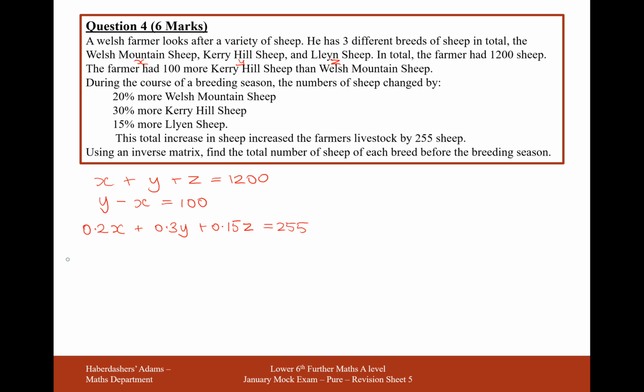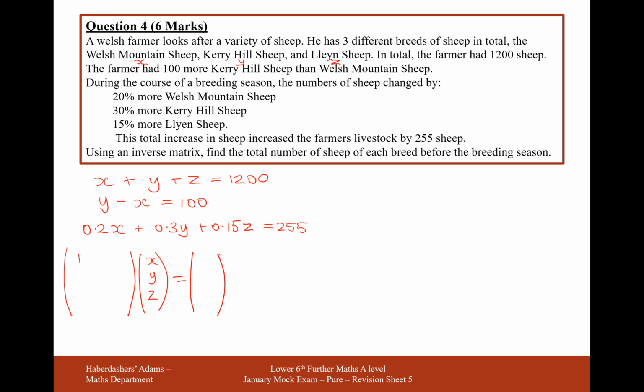Okay, so what we're going to do here is form a matrix equation using the letters X, Y and Z. And effectively, the coefficients on each of these equations are going to be inserted into this matrix here, making sure that the first one along each row is the X, the second one along each row is the Y, and the third one along each row is the Z, so that when we multiply it out, it multiplies out okay.